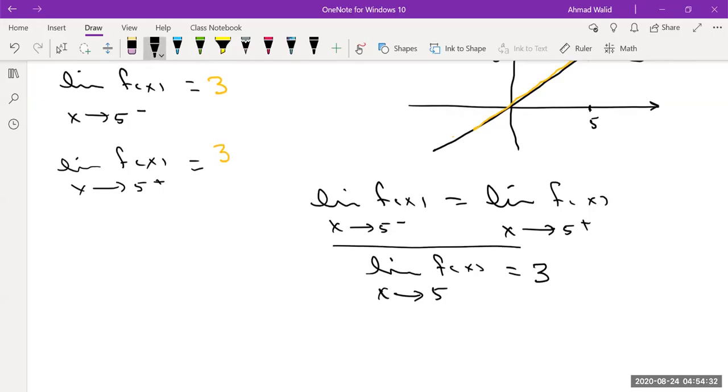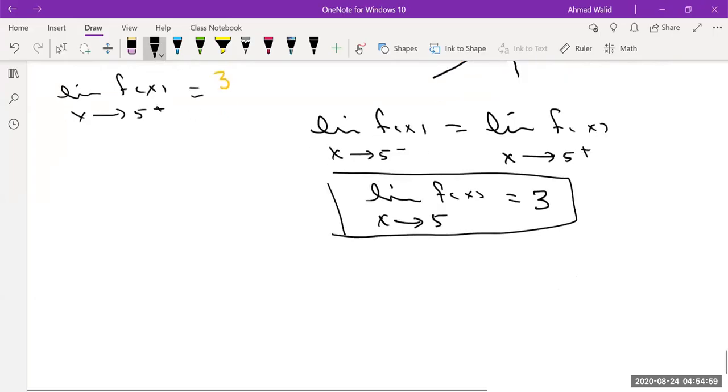That will be your answer. Very easy. The idea of left-hand and right-hand limit is really important. And please remember, a limit can exist only and only if the left-hand limit and right-hand limit are equal to each other. Correct?